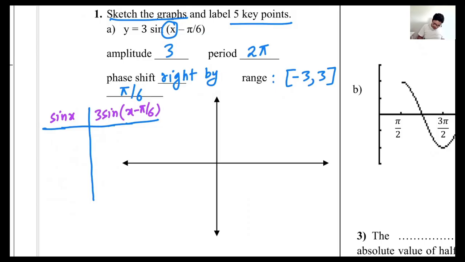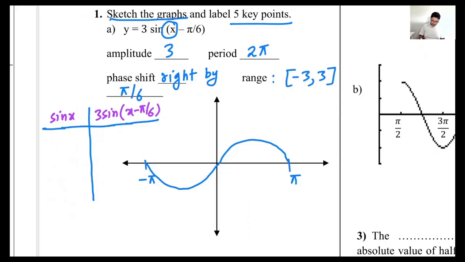As long as you take a length of 2 pi, it's one cycle of sine x, right? So why not we do it from minus pi to pi? Okay, maybe a little bit more to the right to be accurate. So let us take this period, minus pi to pi, and at this point, you should be comfortable. The graph of sine x from minus pi to pi would be something like this.